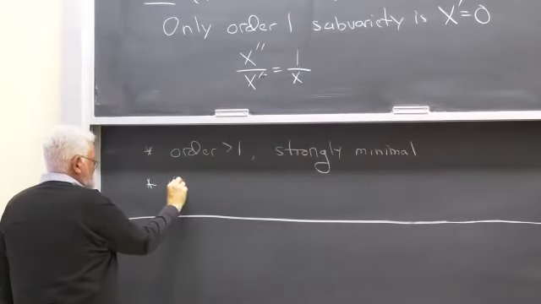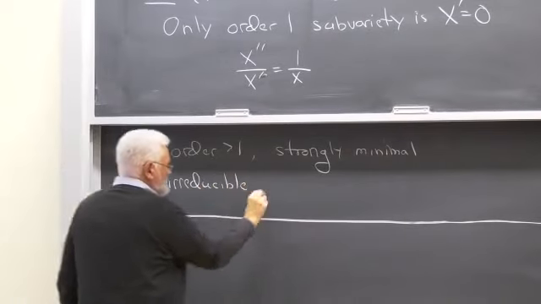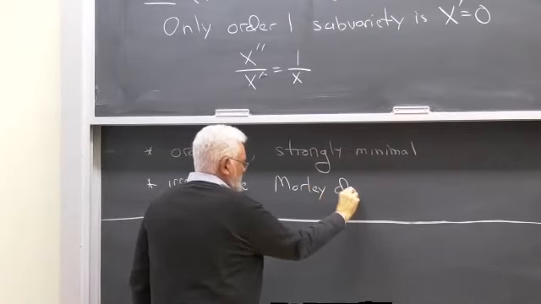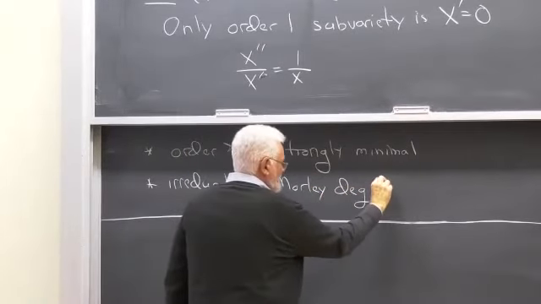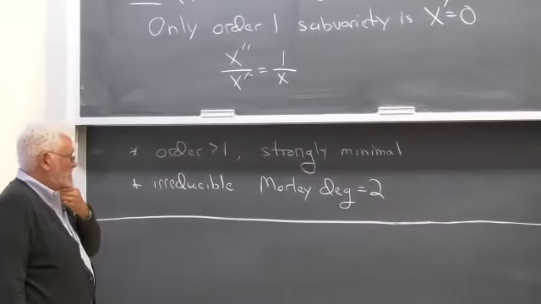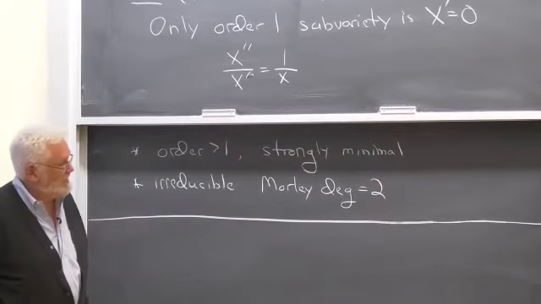It's also an example of something that's irreducible, but has Morley degree 2. So there are 2 rank 1 types, the type of x prime equals 0 and the type of a generic.